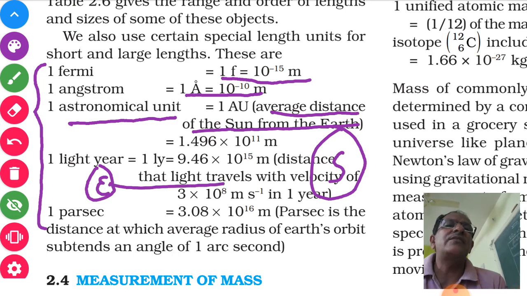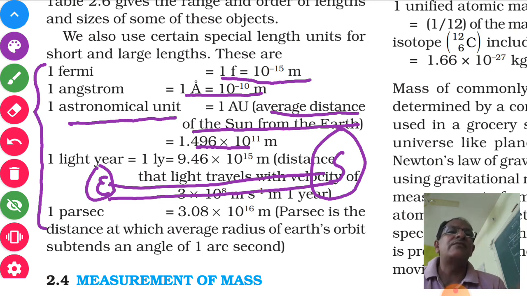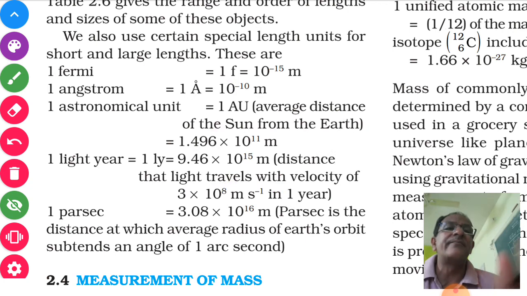This average distance between the sun and the earth is known as the astronomical unit, and its value is 1.496 into 10 to the power 11 meter. So 1 AU is 1.496 into 10 to the power plus 11 meter.